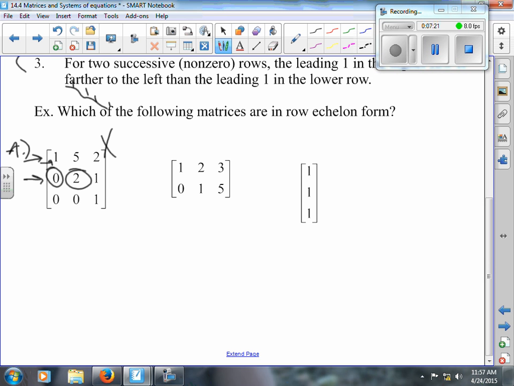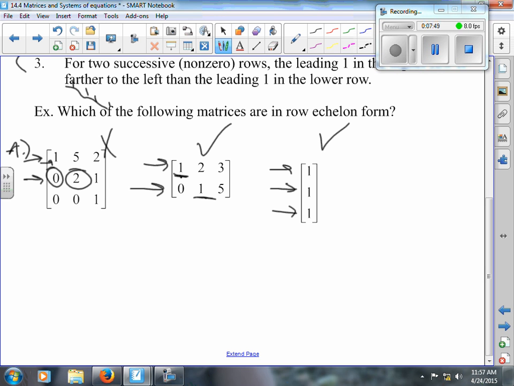It's not in row echelon form. The second one is, because the first number I see here is 1, and the first number here I see is 1, and this one is not to the left of that one. It's lower and to the right. And finally, this matrix is also in row echelon form, in reduced echelon form, because there are never any 0s or 1s left of the original ones. It's kind of a trite example.